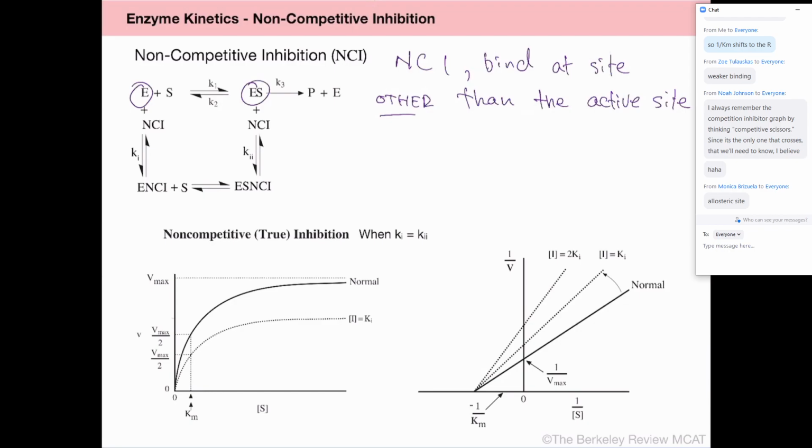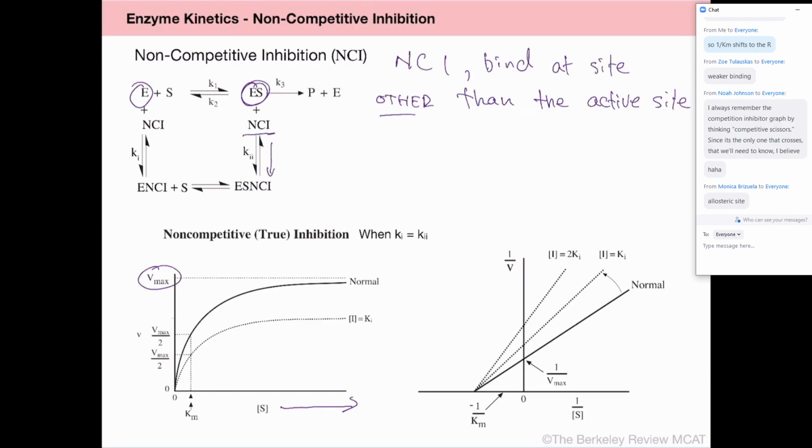And so what does this mean? This means that no matter how much substrate you feed, no matter how much you increase your substrate concentration, you're never going to be able to get up to your Vmax, because the enzyme-substrate complex can still bind to the non-competitive inhibitor. Do you see that?